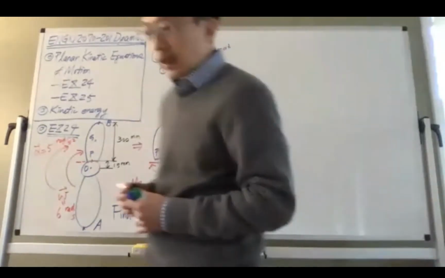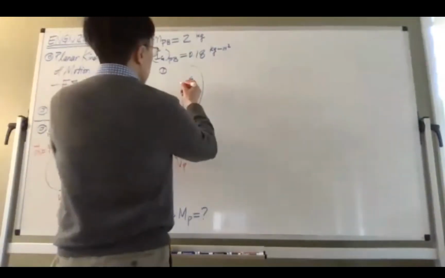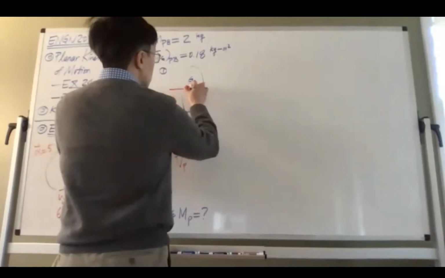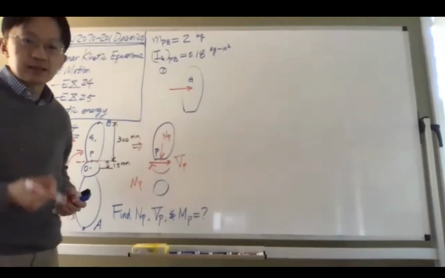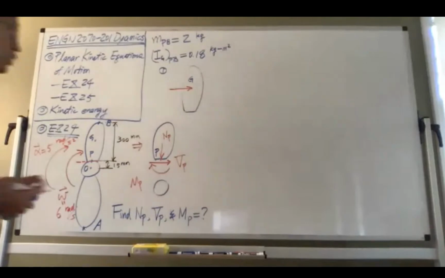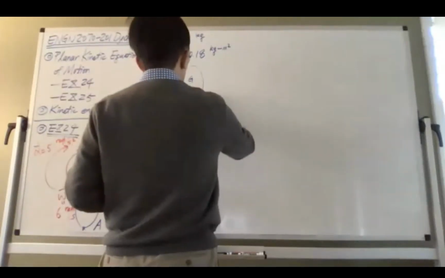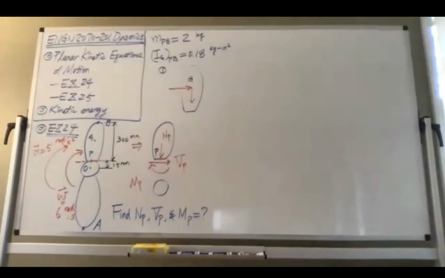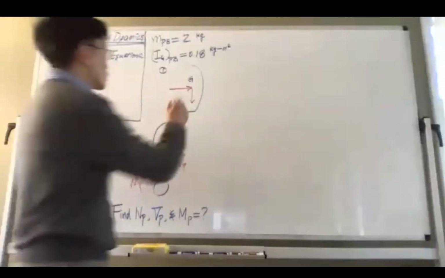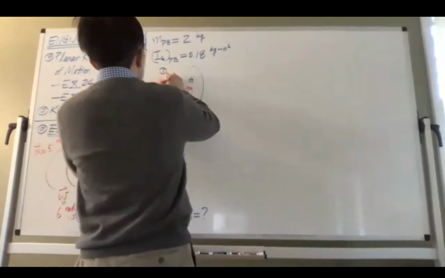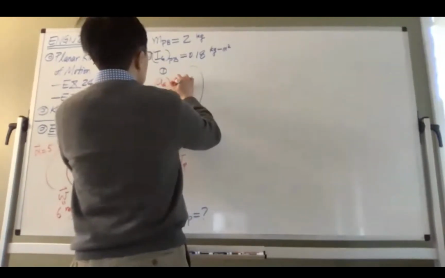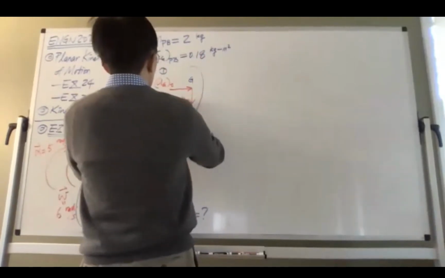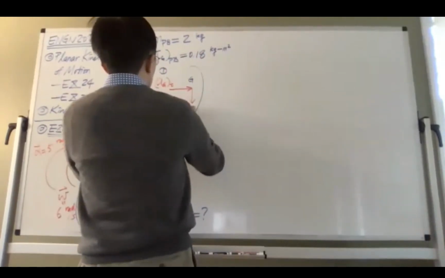Of course, we know that there will be tangential, right? There will be tangential component acting at the center of gravity. There will also be normal component, correct? Right? So the first one of them is this acceleration at the center of gravity, the tangential part, and also the normal component part.